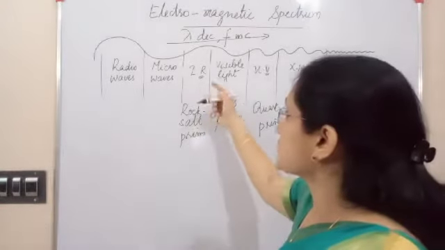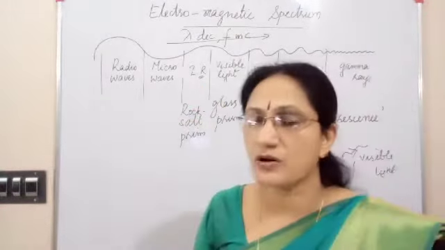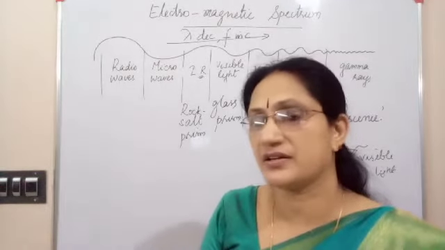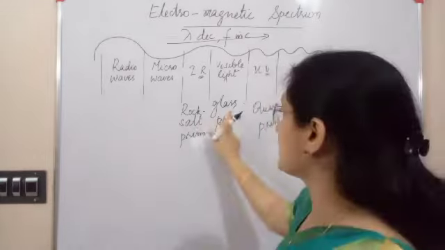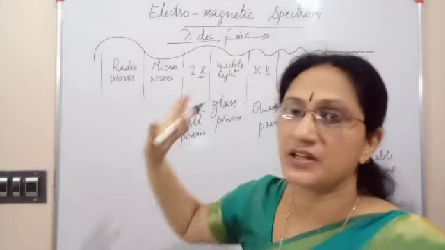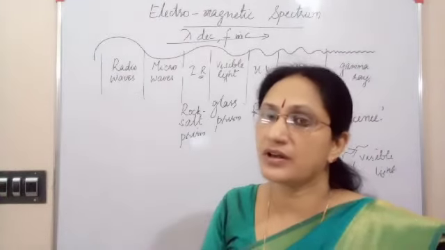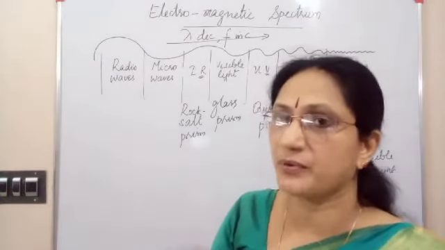Similarly, for infrared radiations, a rock salt prism is used because rock salt transmits infrared radiations, but glass will absorb them. So for the study of infrared and ultraviolet radiations, you cannot use an ordinary glass prism. This is an important point to remember.